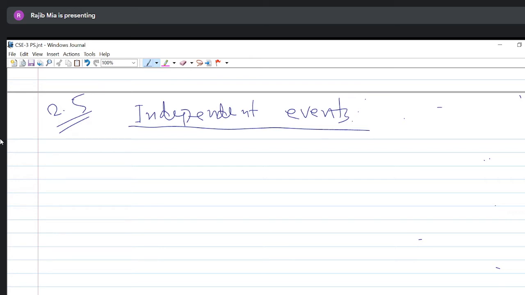If the probability of one event does not depend on the occurrence or non-occurrence of the other event, then we say that the two events are independent.